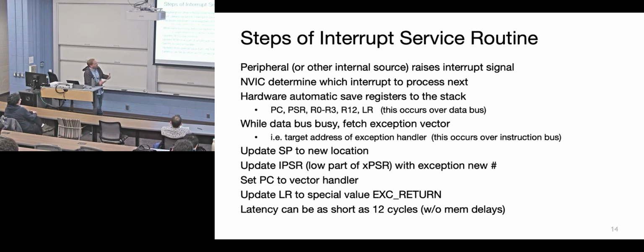So it's going to take the state of the core and put it on the stack: the program counter, stack pointer, R0 through R3, R12, and the link register. It's going to do whatever tasks the interrupt needs, and then when it returns, it's going to place all those things back on the core and keep executing. So the core, other than losing time, should be agnostic to the things that happen in the interrupt.